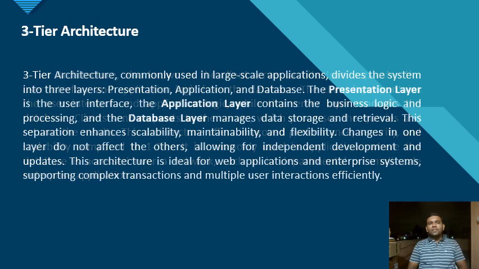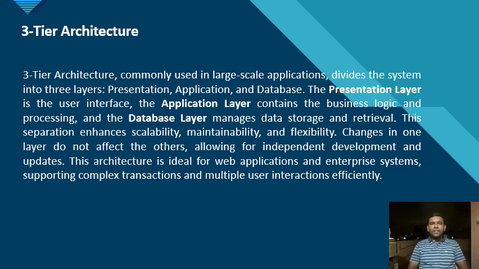Next, it is on three-tier architecture. Three-tier architecture, commonly used in large-scale applications, divides the system into three layers, that is presentation, application, and database. Here, the presentation layer is the user interface. The application layer contains the business logic and processing, and the database layer manages data storage and retrieval.